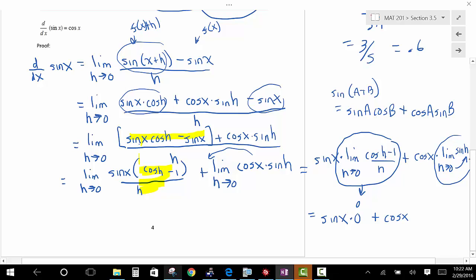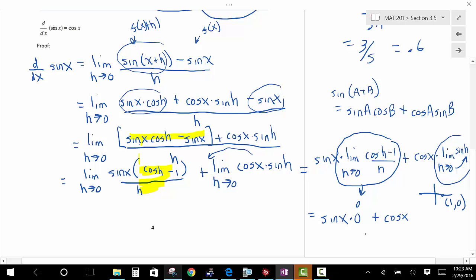You can just plug the h equals 0 in. The sine of 0 is 0, right? Well, no, hold on, I must have done something incorrect here. That's okay. What did I do wrong here?